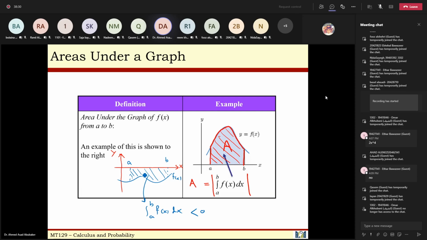So if we need to find the area, it must equal the absolute value of the integral from A to B of f of x dx. Must put the absolute value. Okay. Why? Because the area must be positive.